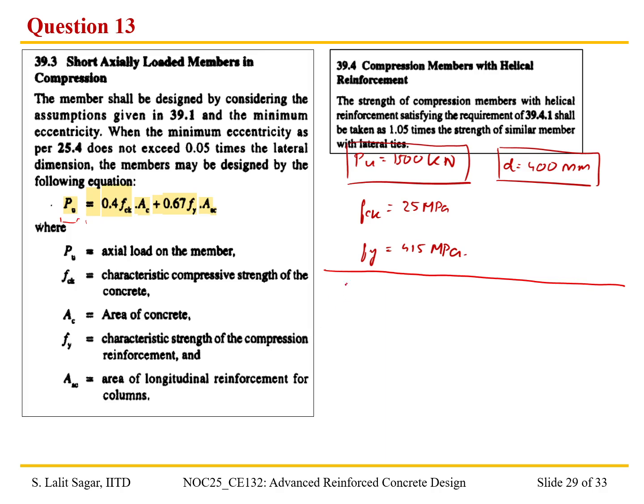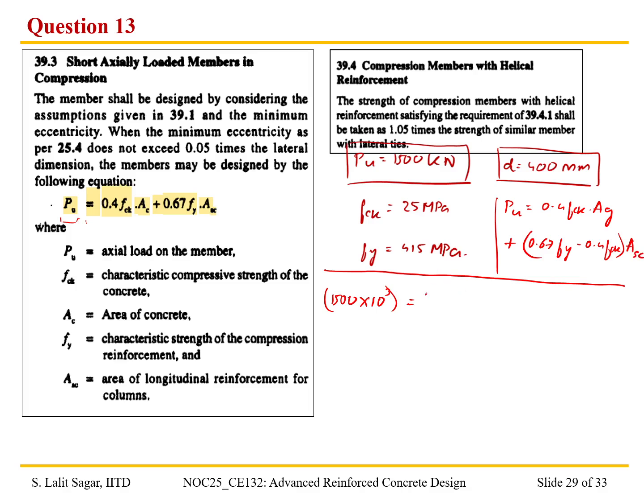So we have 1500 times 10 to the power 3 is equal to, again this equation can be rewritten as Pu is equal to 0.4 fck into Ag plus 0.67 fy minus 0.4 fck into Asc.